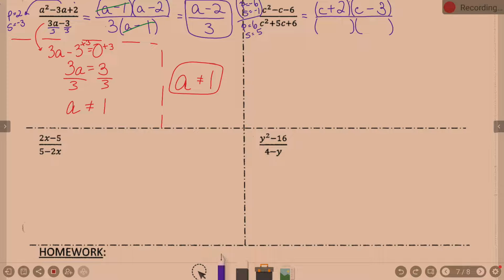Okay, if we multiply to be positive, what kind of signs do we need? Positive and positive or negative and negative. Since we add to be a positive, we need these signs to be positive and positive. So we know it's going to be C plus and C plus. So we are actually going to have to use 2 and 3, aren't we?